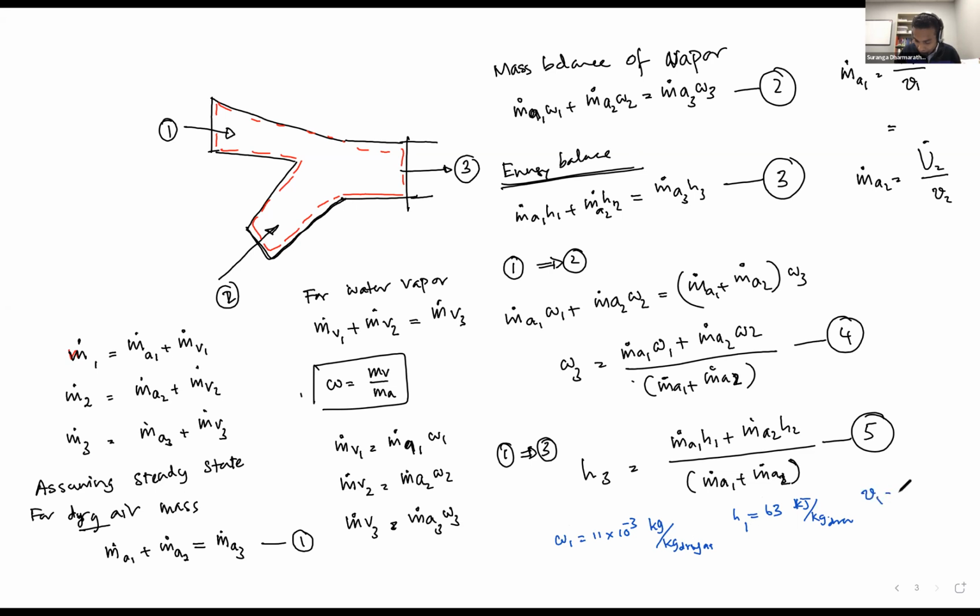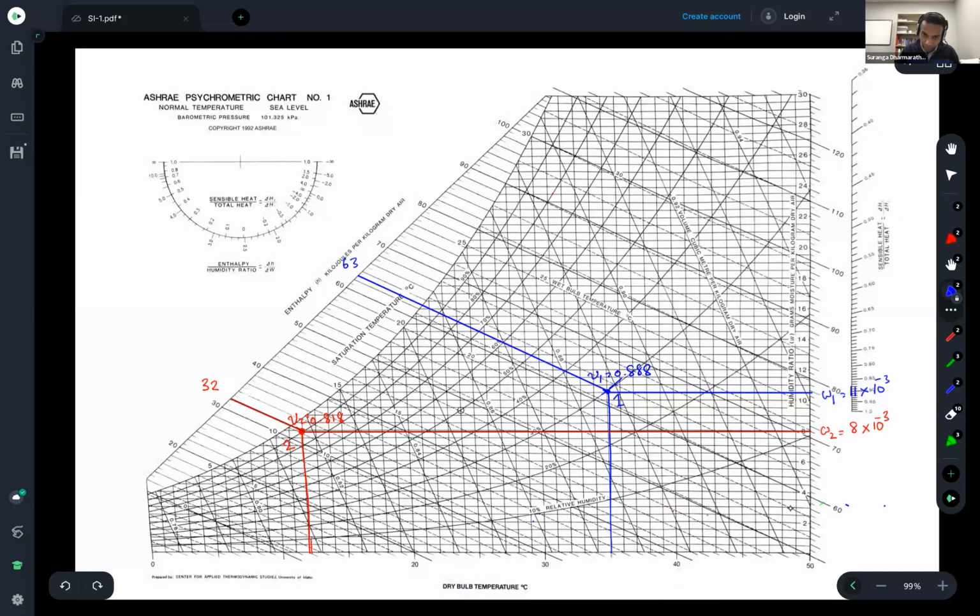And V1 is 0.888 cubic meters per kilogram of dry air, right? So those are the values we had: 11, 63, and 0.88.